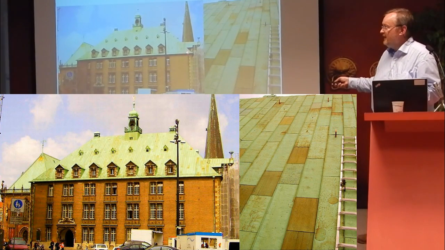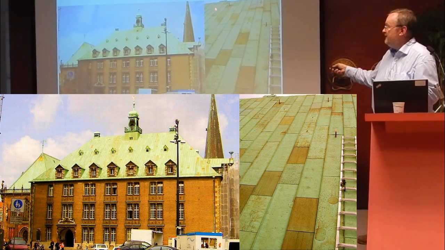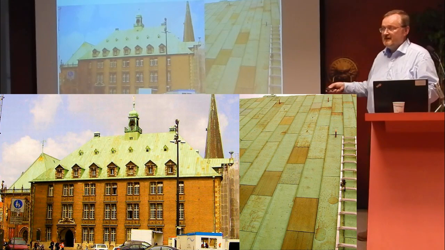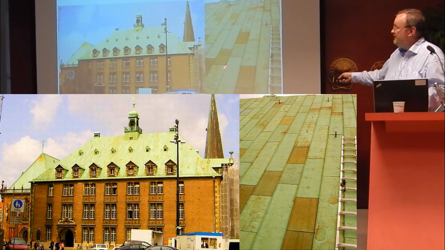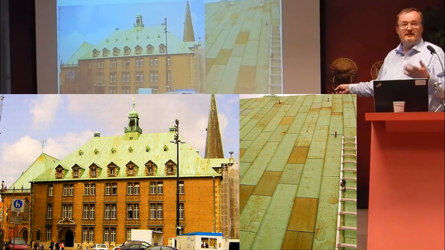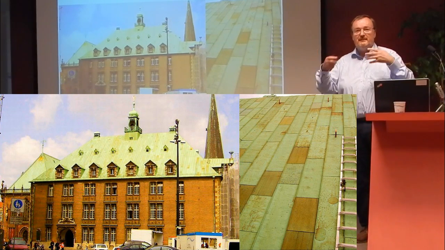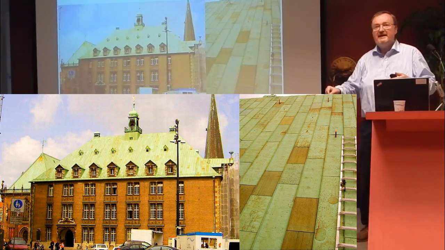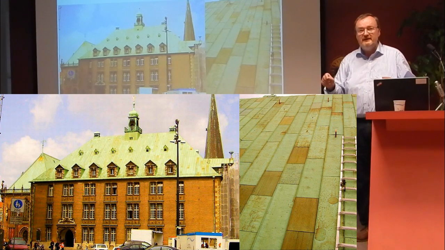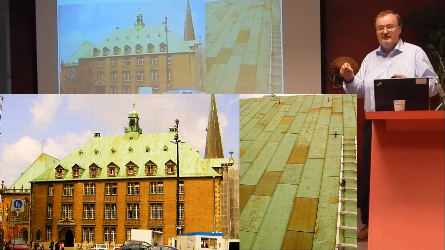I did the outside repair of the roof and of the facade. And here I show how we manage the roof plates of copper. All are recovered, all are reused, but when we took them from the roof at their edge, they are broken because of the historic binding.